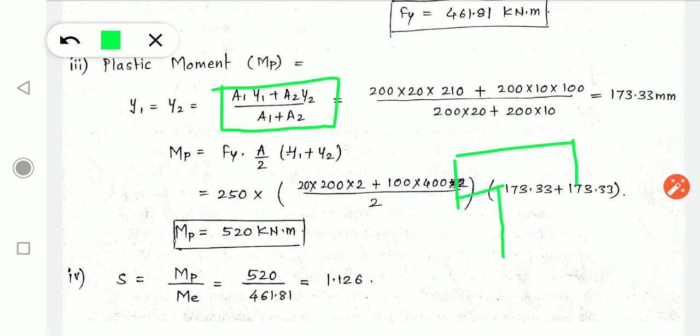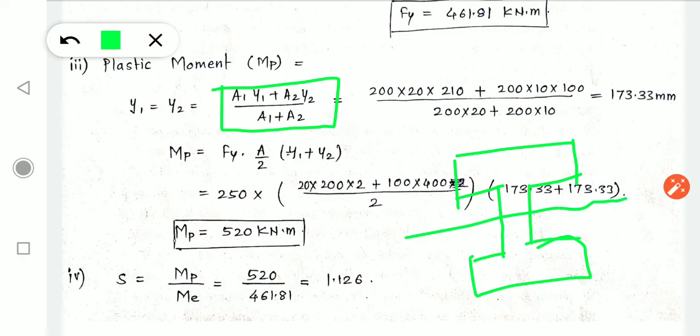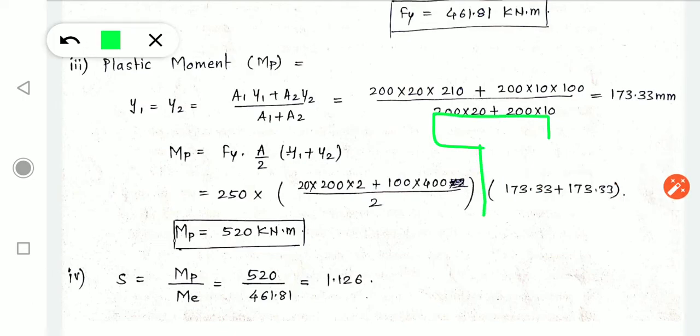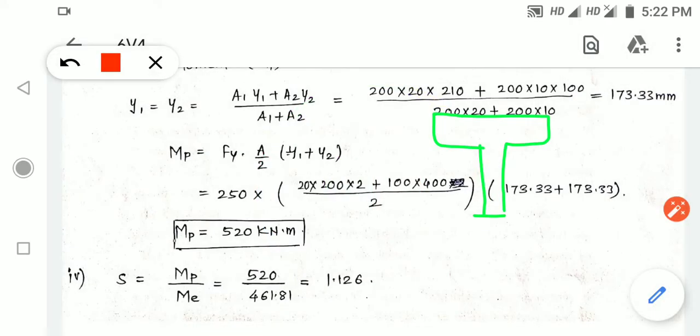Hope you are understanding it. In the previous part we did it for the I section, which is totally symmetrical. At that time we could consider half of the depth as y. Correct? But now we are doing it for an unsymmetrical section, which is T, and we are doing it separately for this rectangular section and this bottom rectangular section. Understood?